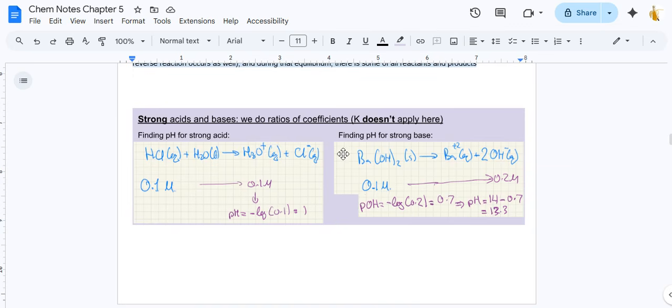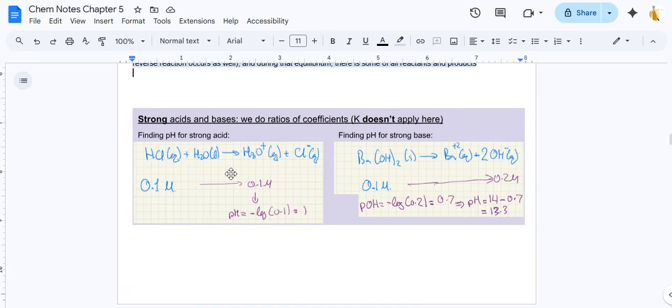And the same thing applies to finding pH for strong bases. We look at the ratio of the coefficients. And right here, the coefficient is 2. So if the question says that we have 0.1 molarity of this, then we'll have 0.2 molarity of this.